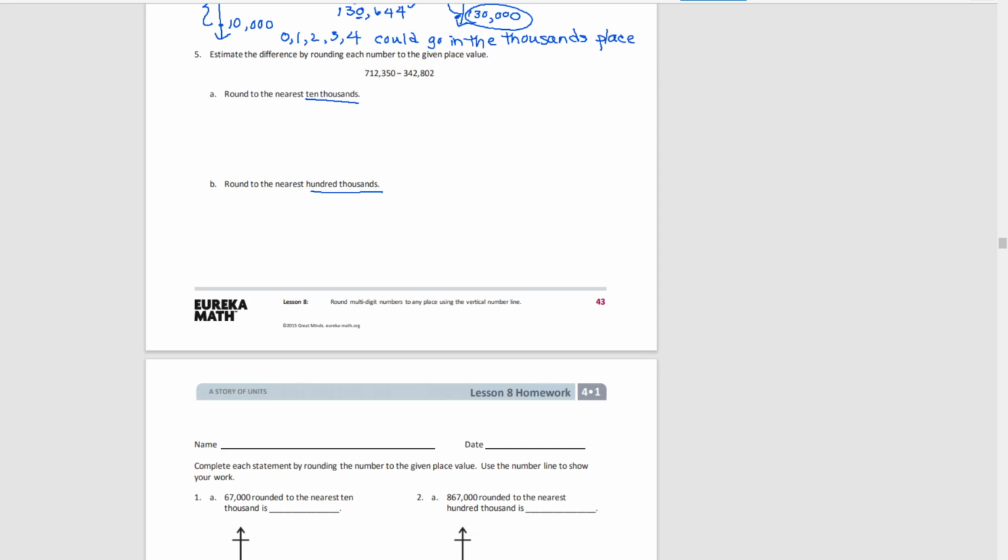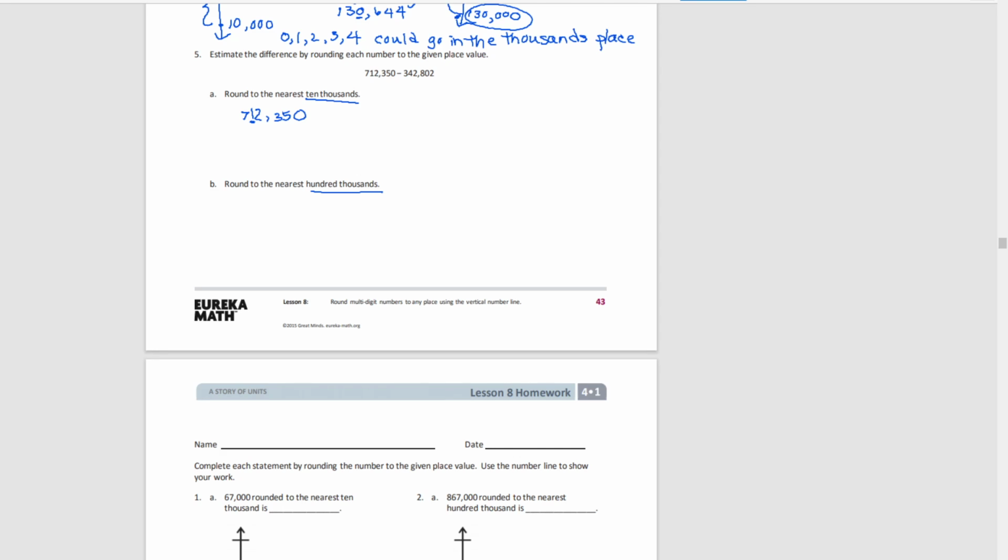Okay, for 5A, I'm rounding to the 10,000s. So 712,350 rounded to the nearest 10,000s. I have a 1 there, and then I see that the next is 2,000. So the midpoint, the next highest number would be 2 10,000s.